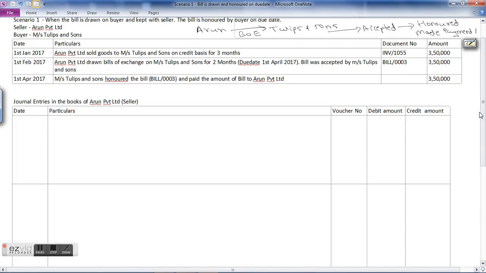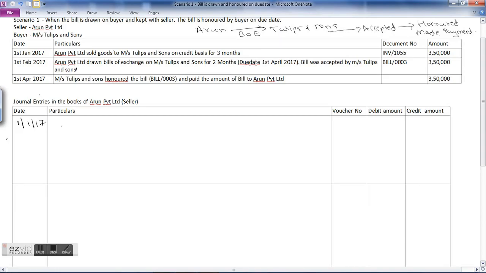What is the date of the first transaction? It is 1st January 2017. Arun Private Limited sold goods to Messrs Tulips and Sons on credit basis for 3 months. So the entry will be debtors account debit to sales account.